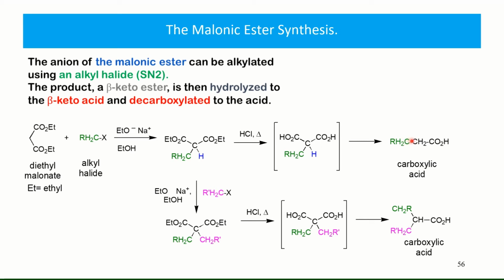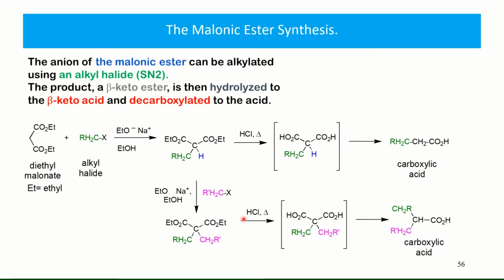So the coupling that took place has added 2 carbons to your alkyl group. We do not have to work up with the acidification, saponification, and heat. We could go straight ahead and add another stoichiometric amount of base with another mole of an alkyl halide, and now we have 2 alkyl groups on our alpha carbon.